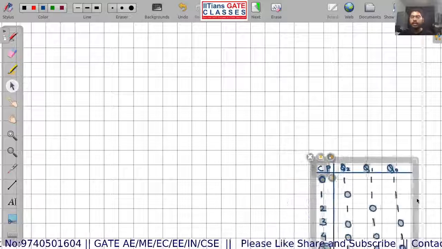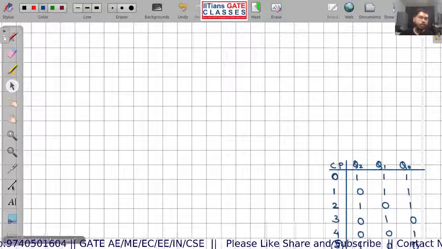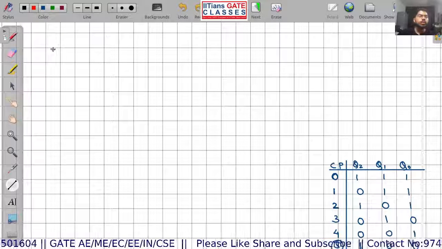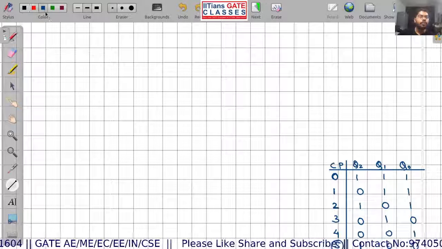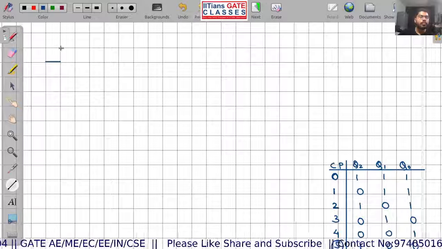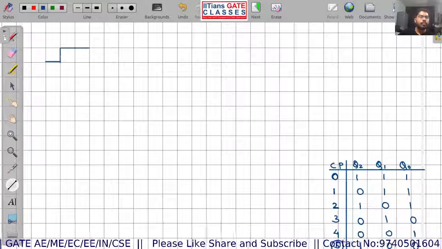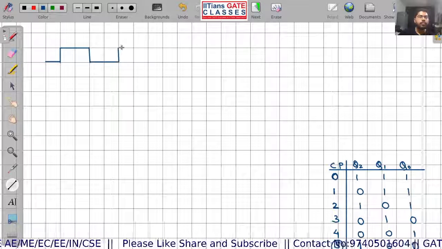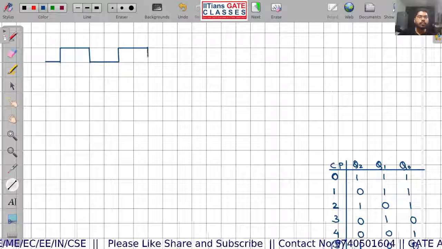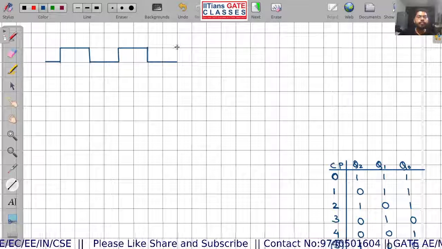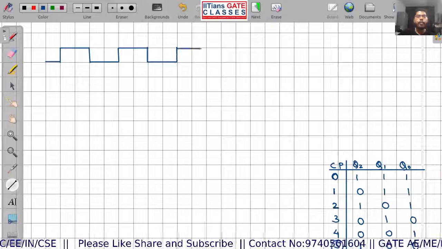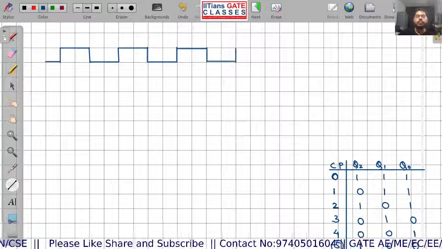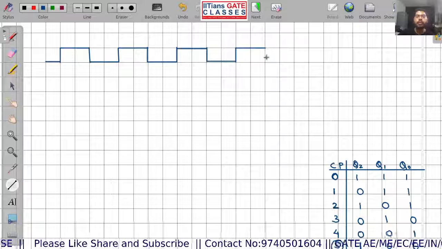Here I have taken the grid because it will be simple to draw the curves here. If I want to draw the waveform, it will be very simple for me. I hope you are able to see these grid lines.